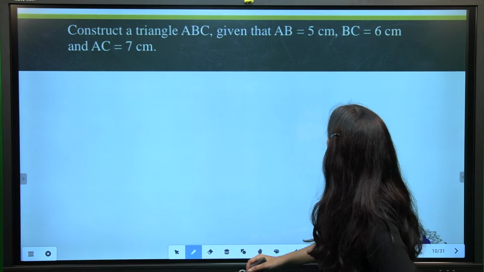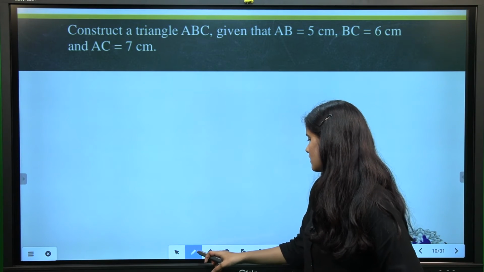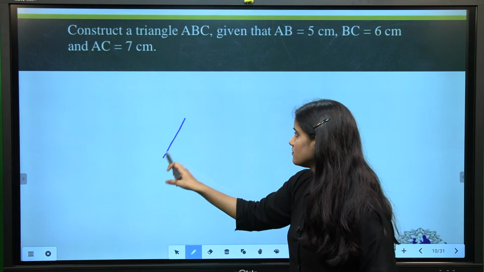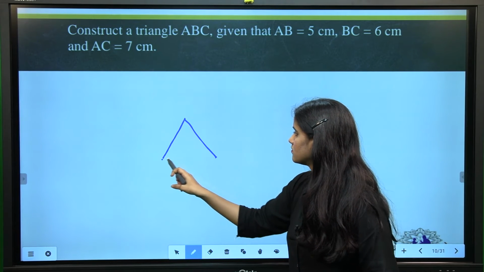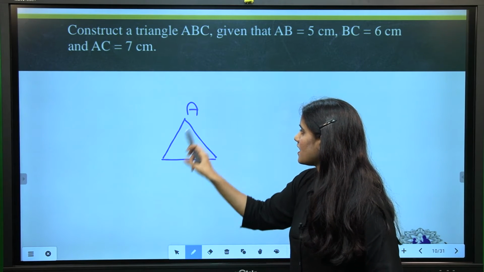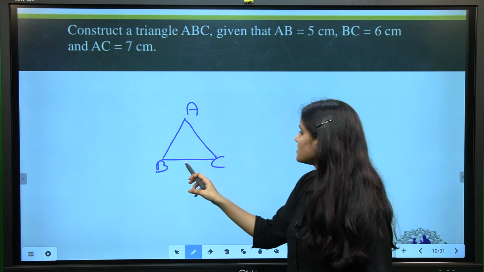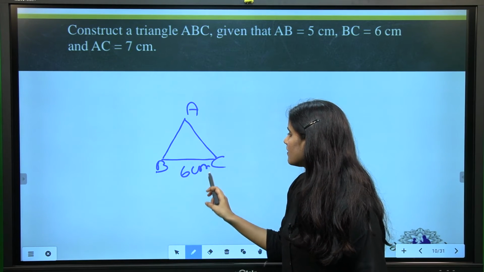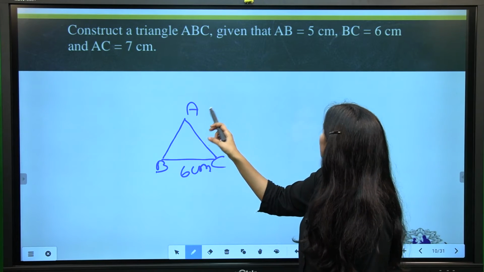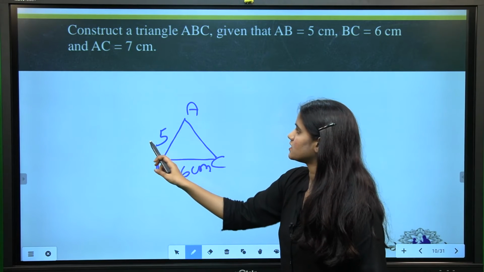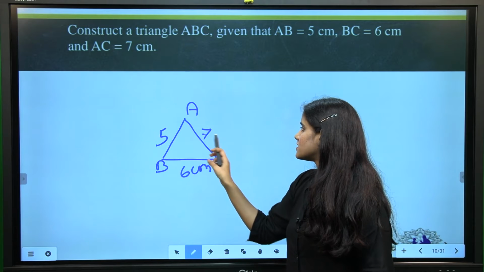Let me just draw the rough diagram. If I take A, B, C, they are saying that BC is 6 centimeter, AB is 5 centimeter, and AC is 7 centimeter.